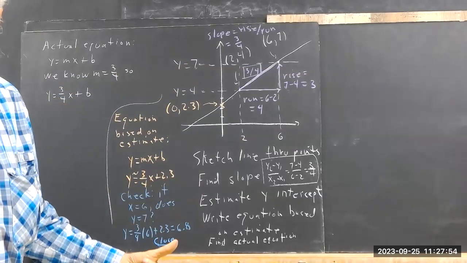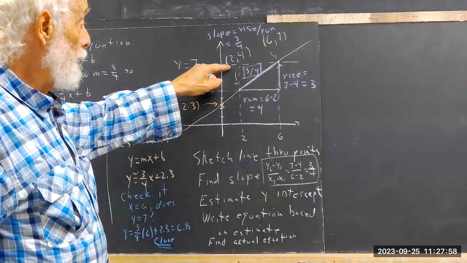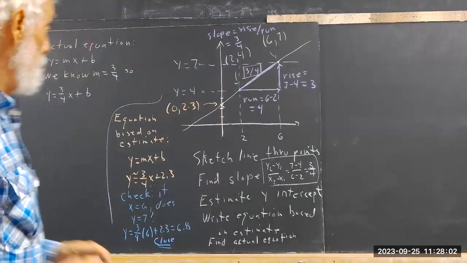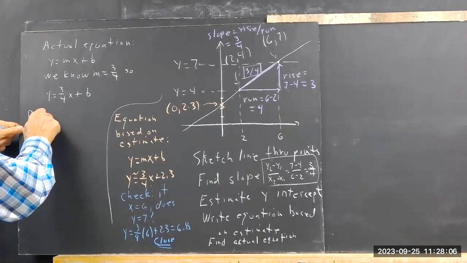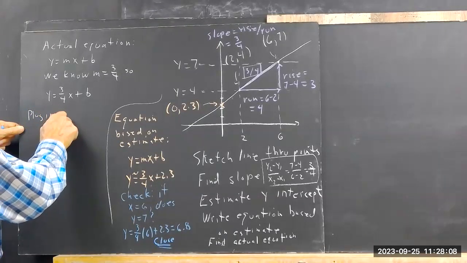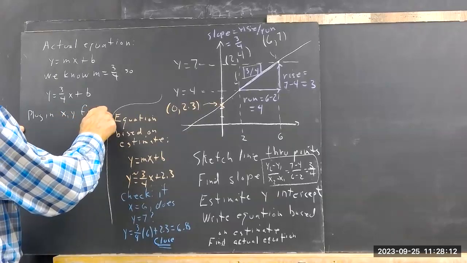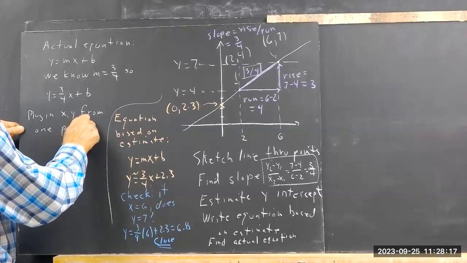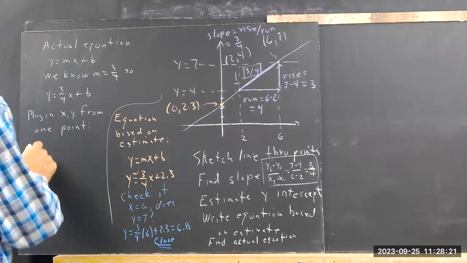All that remains is pick either of these points. We know an x value and a y value. So we plug in x, y from one point.